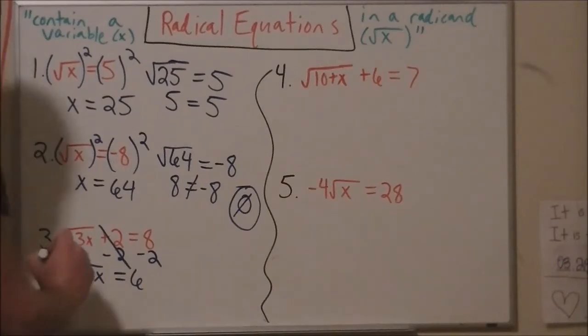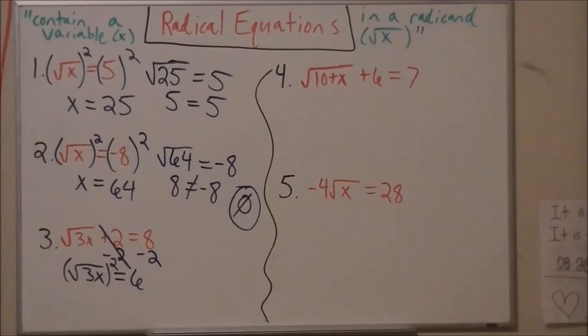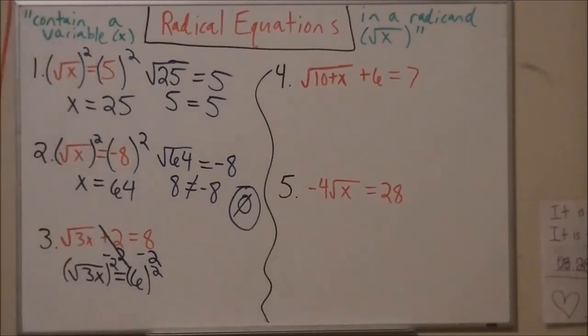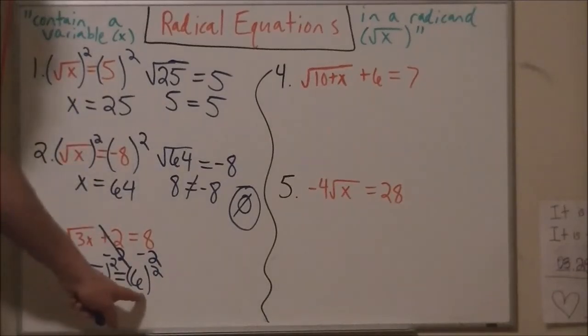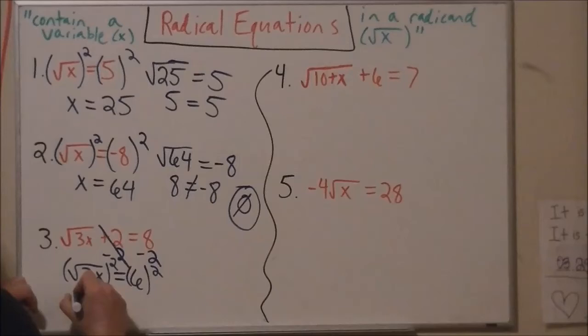It is squaring that very thing. And so I square the entire term, but remember, what I do to one side I have to do to the other side. And so I also need to square my 6. Now the whole purpose of squaring the square root of 3x is to get myself down to just 3x.